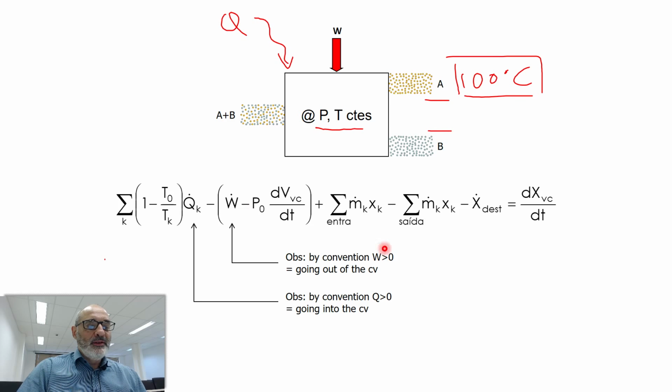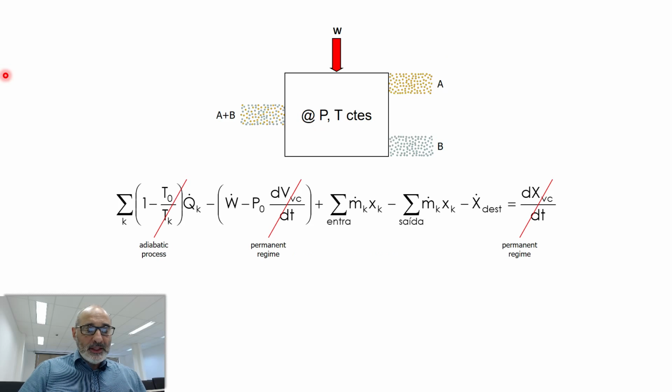It's positive when it's going out of the control volume, okay? So this is a convention. If during our calculations this W becomes negative, that means that the process is actually importing work, consuming electricity, consuming organized energy, okay?